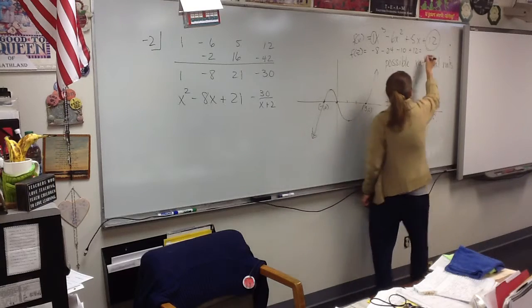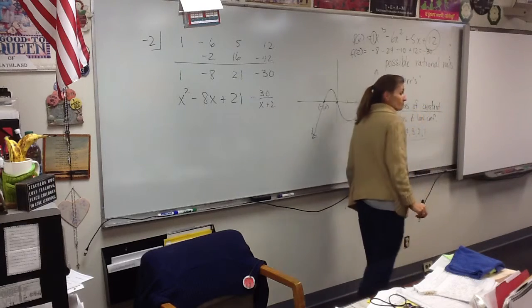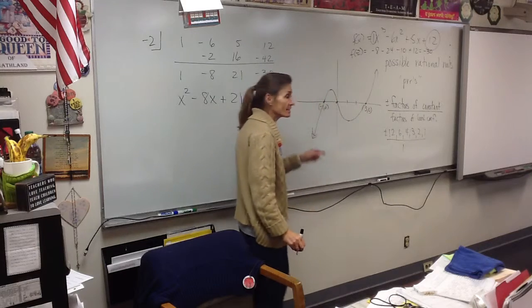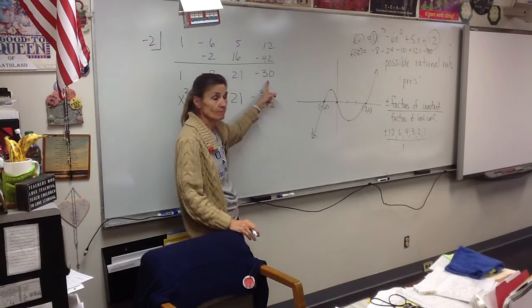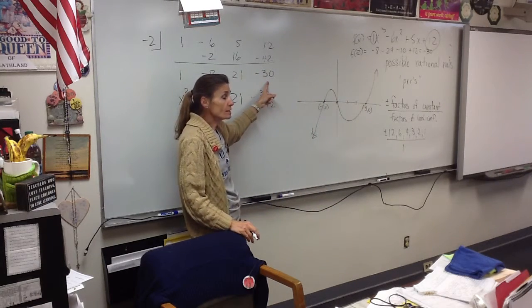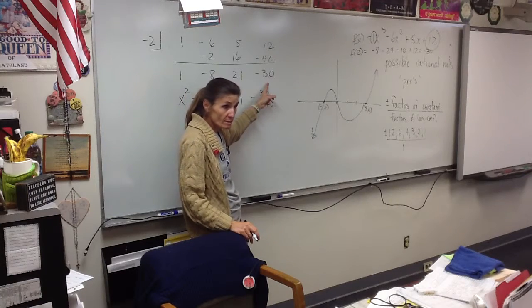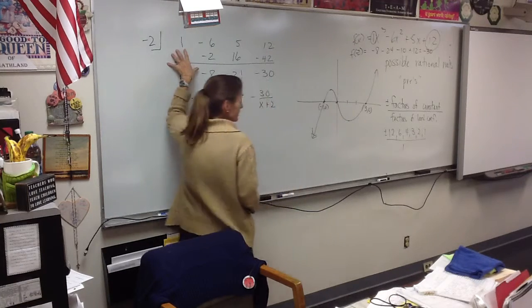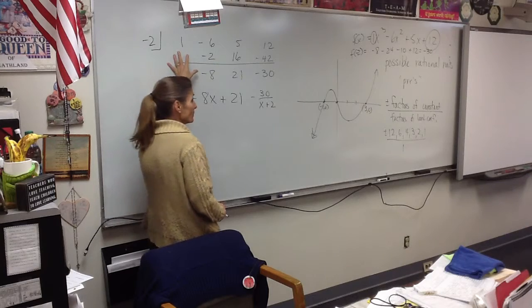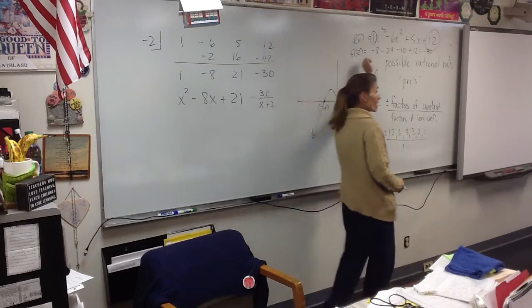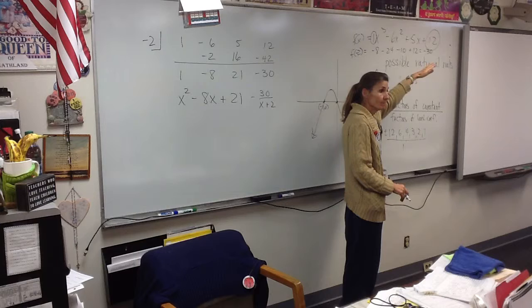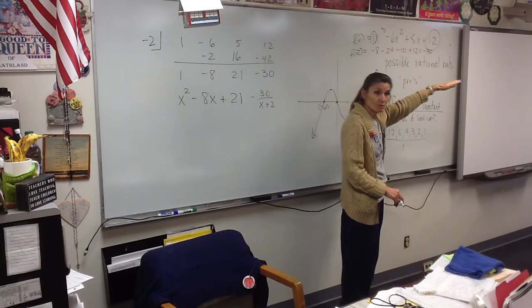That adds up to -30. It's not a coincidence. You can get the remainder 2 different ways. You can actually physically divide, which is fine, or you can just crank the number through the function and see what it turns out to equal.